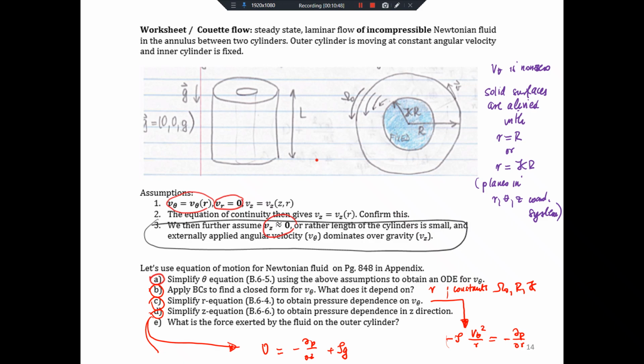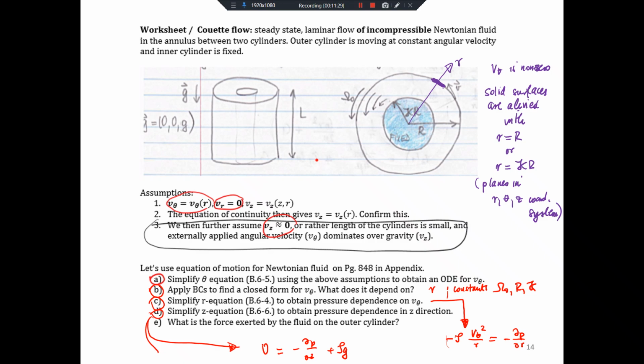Now remember that I can look at the theta momentum transfer across these planes. Typically I look at it in coordinate direction. My r coordinate grows in this direction, so if I look at this surface, the fluid on the lower side of r exerts an effective force on the fluid on the upper side of r, which is where my solid surface is situated.